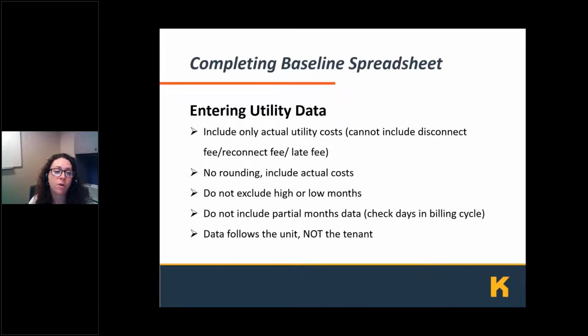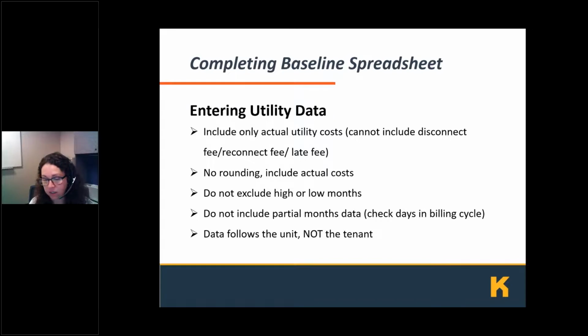You also want to make sure that what you are including in this is full months. You want a full month, not partial data. So how do you know if it's a full month? The statement that you receive from your utility provider should give you the number of days in the billing cycle.